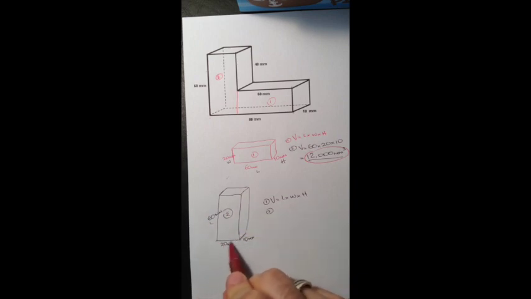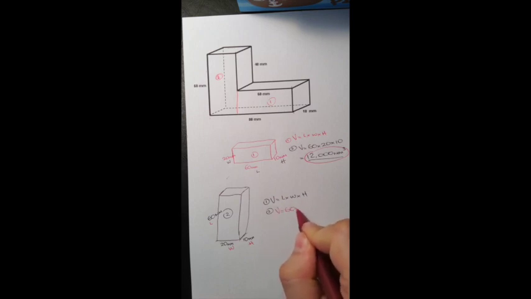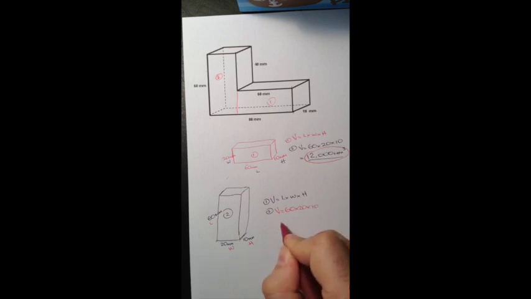Our width will be the other side of our rectangle, and the capital H, the height, will be our little side here, the 10 millimeters, okay? So again, we substitute the numbers in, so we have volume equals 60 times 20 times 10, okay? And plug these numbers into our calculator again, and we get the exact same thing.